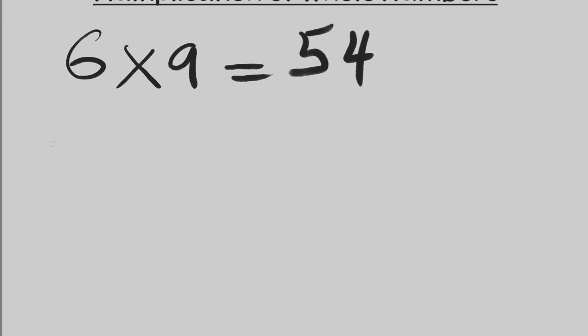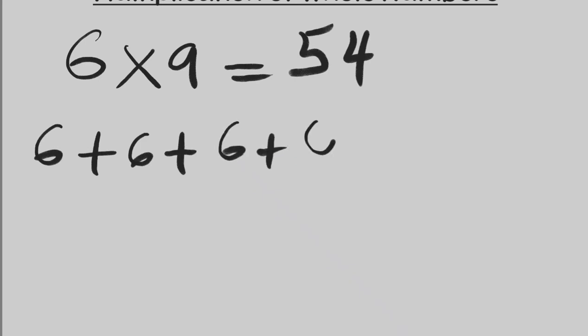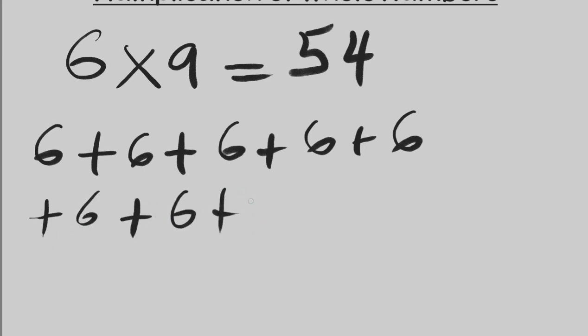Again, by that rule, we are saying that 6 plus 6 plus 6 plus 6, this is 1, 2, 3, 4, plus 6, that's 5, plus 6, that's 6, plus 6, that's 7, plus 6, that's 8, plus 6, that's 9.